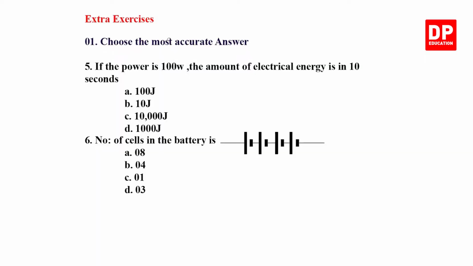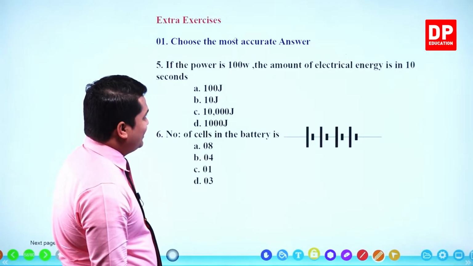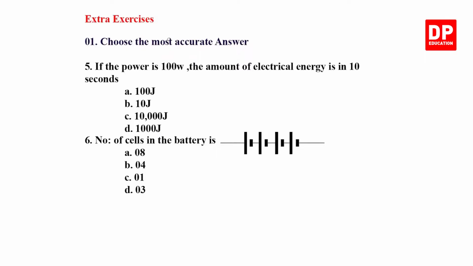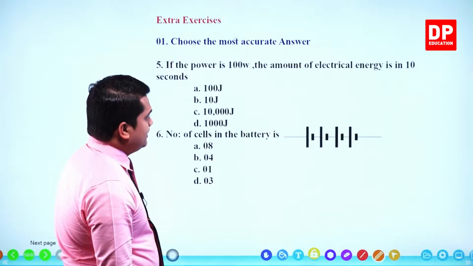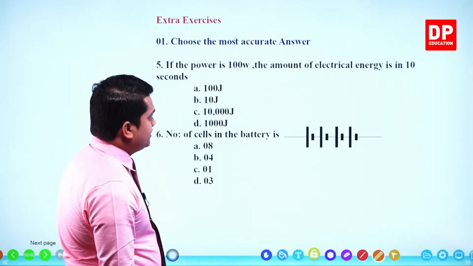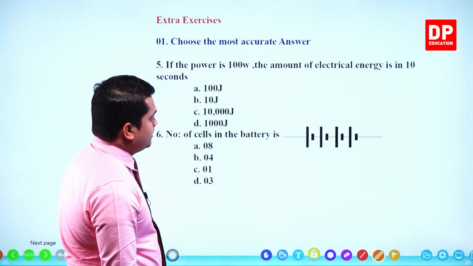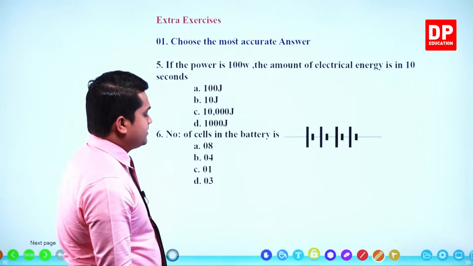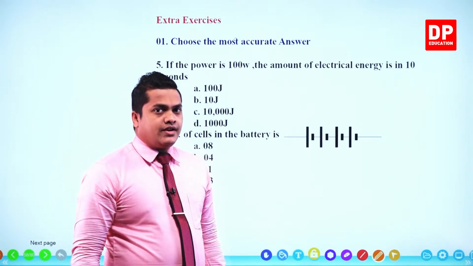If the power is 100 watt, what is the amount of electrical energy in 10 seconds? So power is 100 watt. Amount of electrical energy in 10 seconds, right?